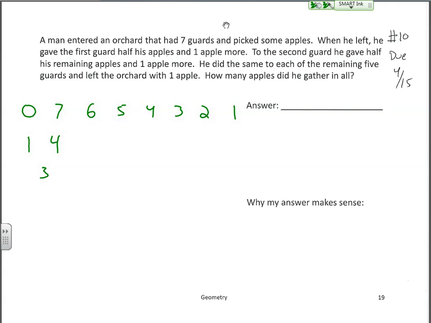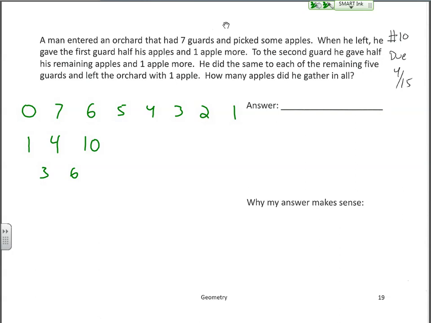Well, how many apples did you have when you approached guard 6? You gave the guard half of your apples, plus 1 more, and you were left with 4. Well, that answer is 10. You give the guard half of your apples, 5, plus 1 more, a total of 6 apples given, and you'd be left with 4.